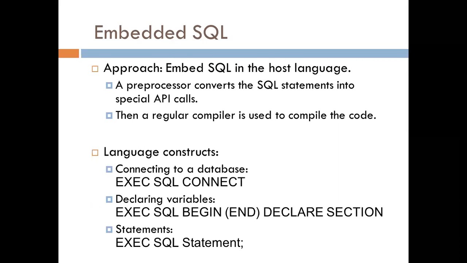The second issue is that SQL is a set oriented language, and this has to be addressed using cursors. Later we shall discuss how embedded SQL can be used in the C programming language.